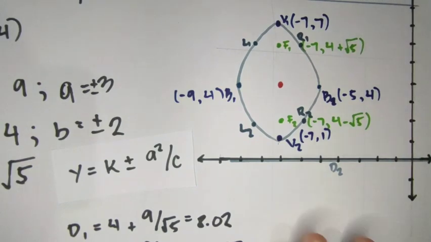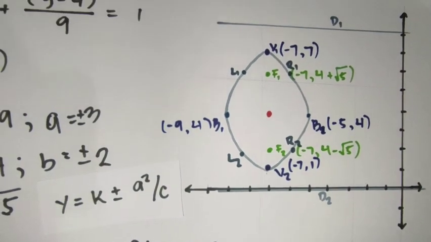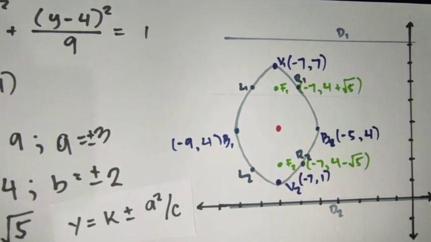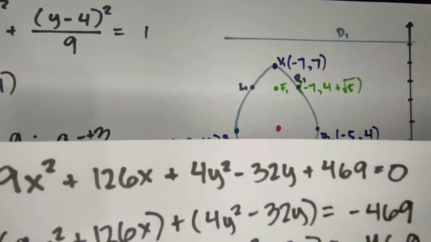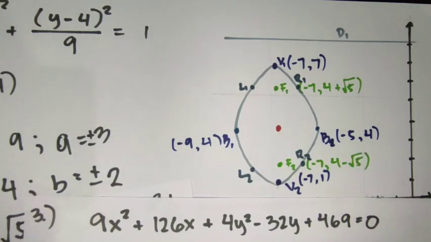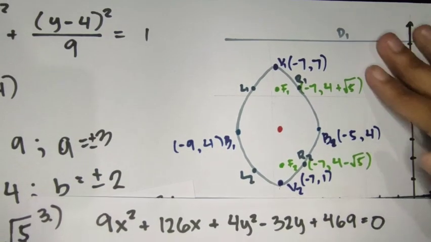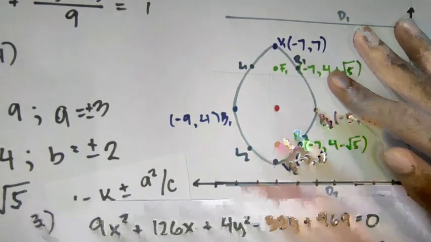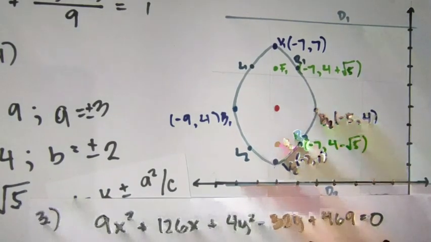And then, you have the ellipse, the graph of the ellipse of this problem. So that is how you graph the ellipse of 9x squared plus 126x plus 4y squared minus 32y plus 469 equals 0.